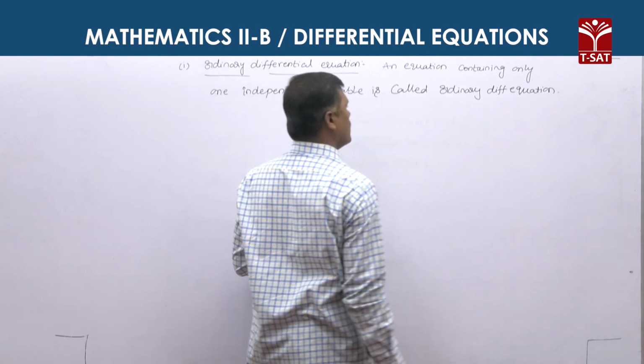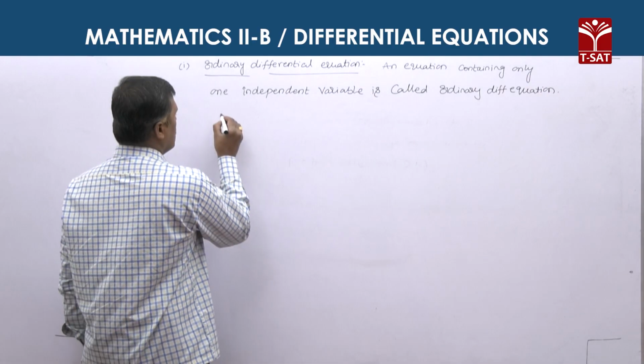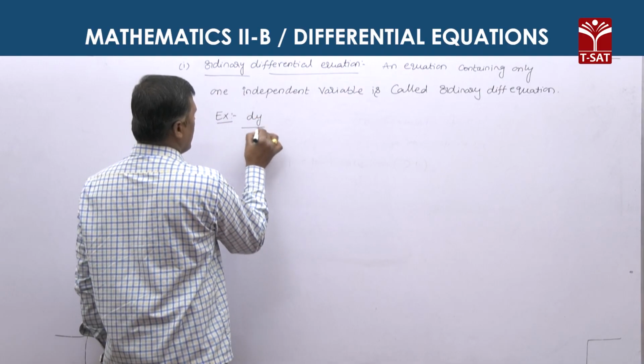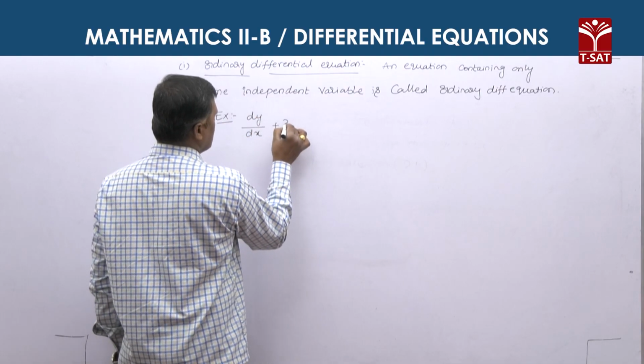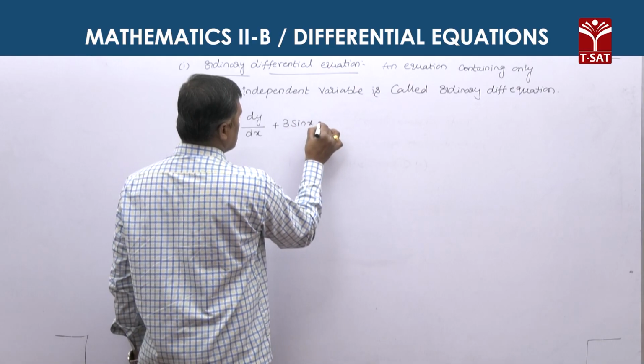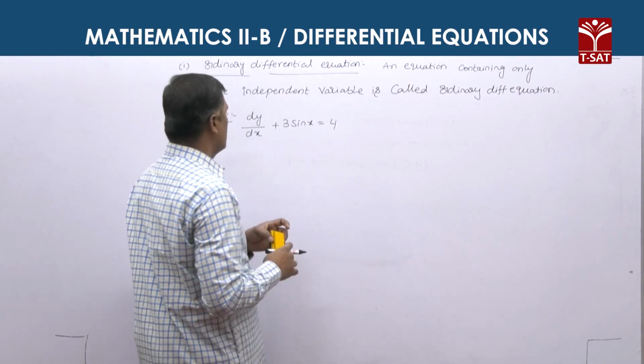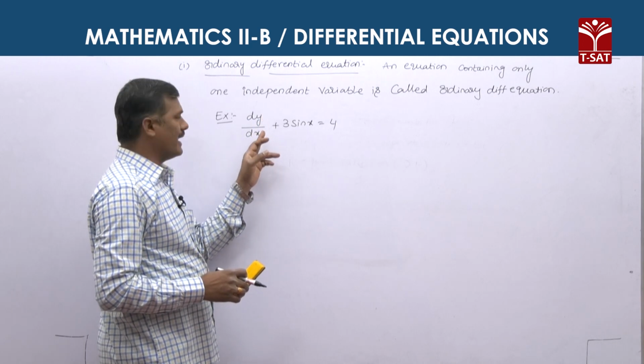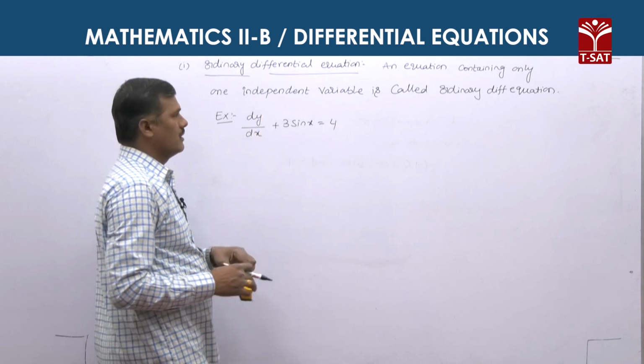Ordinary differential equation. Example: dy by dx plus 3 sin x is equal to 4. In this term, y is a dependent variable and x is independent variable.